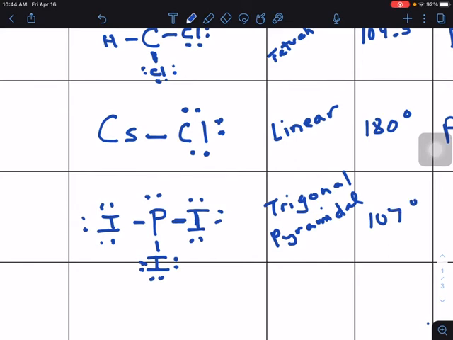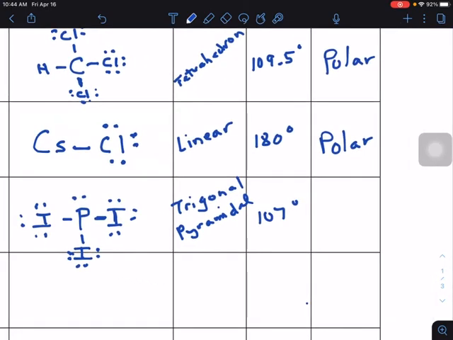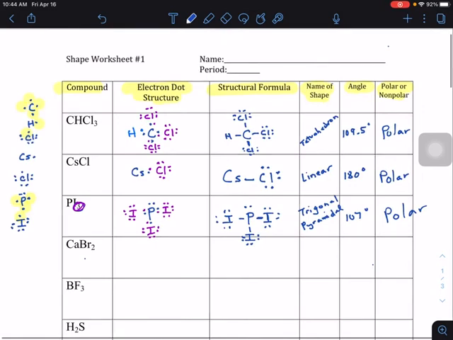Okay, and remember, all group 15 and group 16, this is a group 15 element, phosphorus in the middle, is polar. Okay, so that's that.